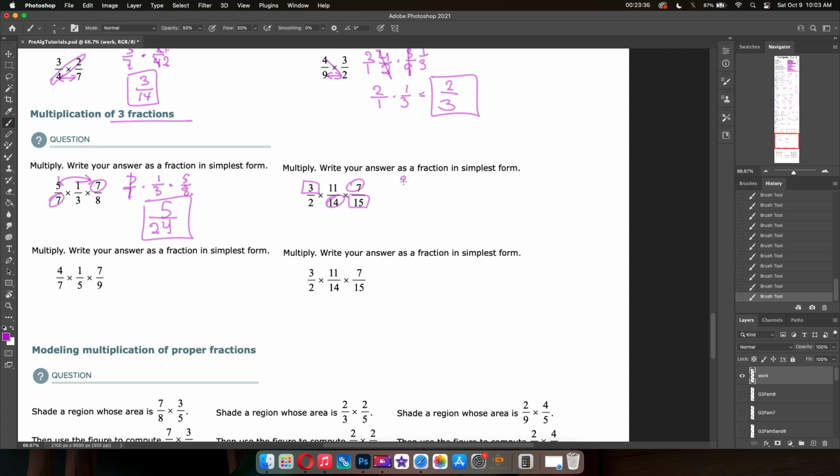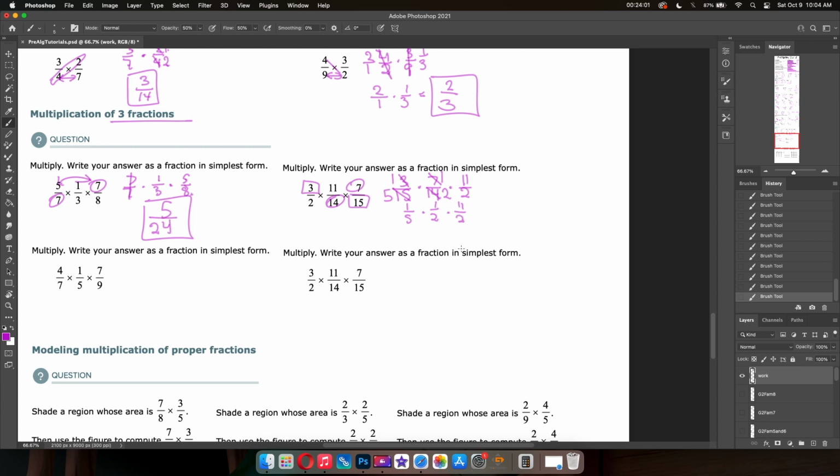So that gives me 3 over 15 times 7 over 14 times, what's my leftover numbers? 11 over 2. So 3 goes into 15 5 times. 7 goes into 14 twice, and the 11 we can't do anything about. So that's 1/5 times 1/2 times 11 over 2.